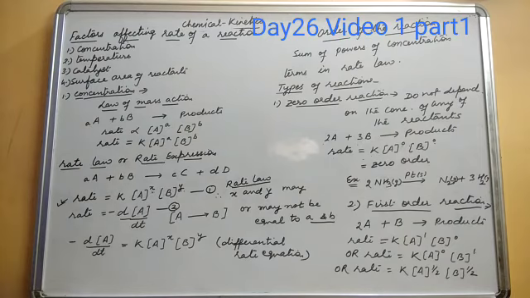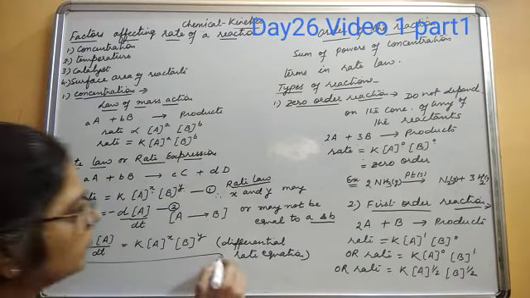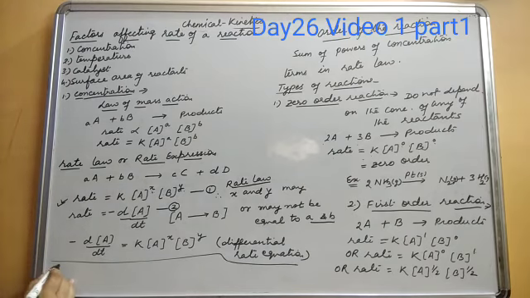Next, we have to do the examples of second order reaction. Here I can write second order, third order, and so on. So at least we can take the example of second order. Let again this be a reaction.